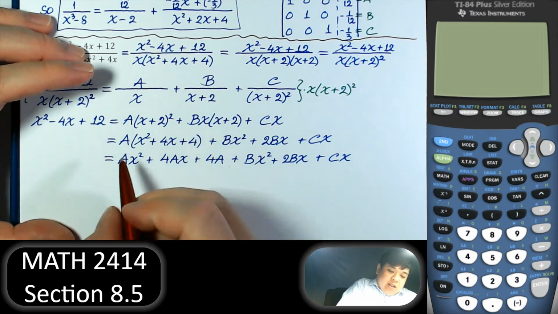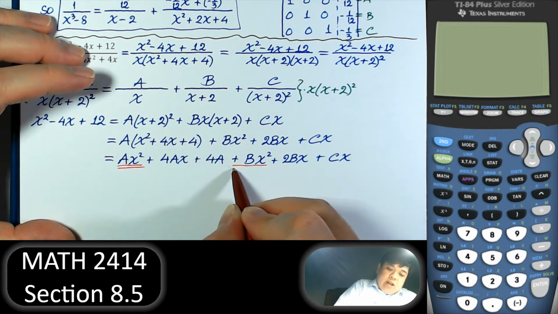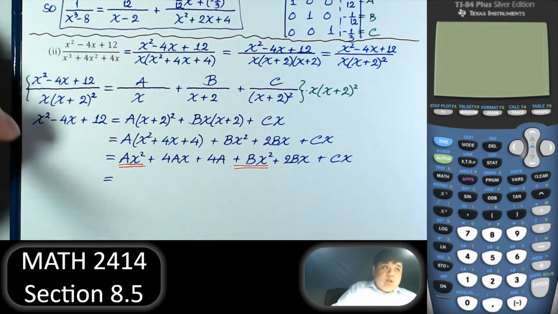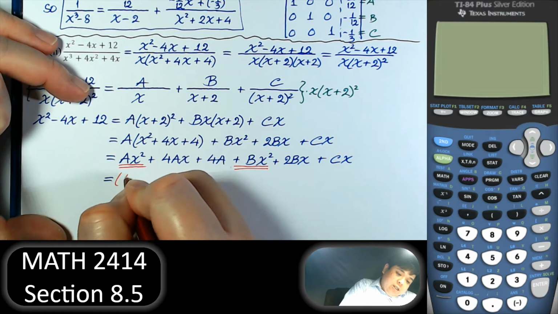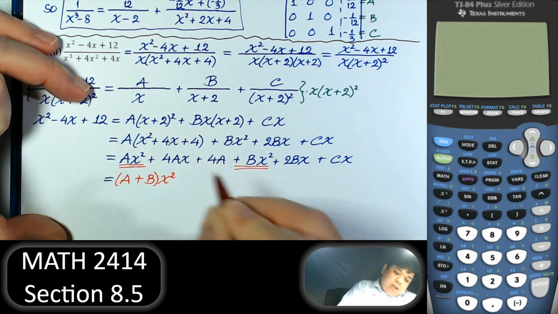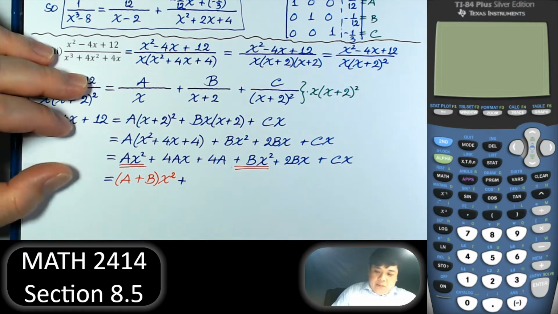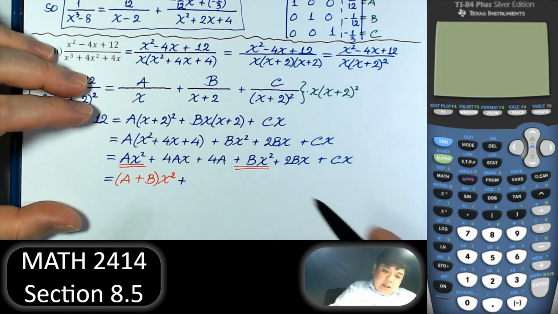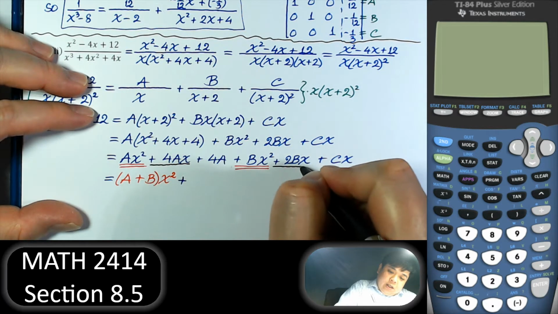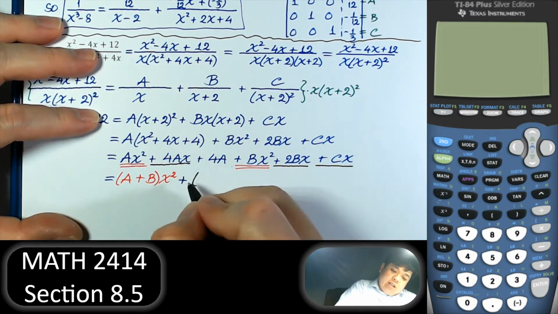Combine like terms. There's x squared here, x squared there. Factor out x squared, we have A plus B times x squared. And then 4Ax, 2Bx and the Cx. Factor out x.